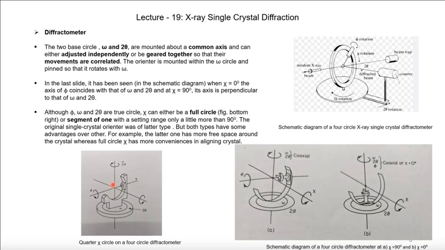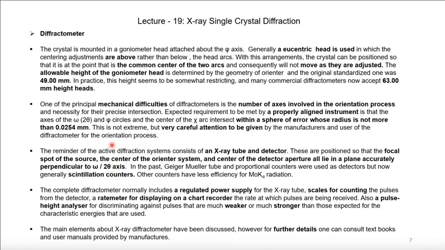Okay, now we go to the next slide. What are the things we have to remember now? We have to have a goniometer head attached with the y-axis, and generally an eccentric head is used, and this head is adjusted from above rather than below.